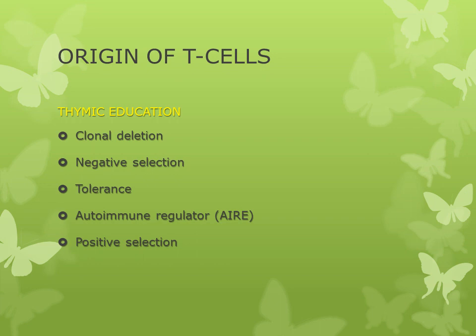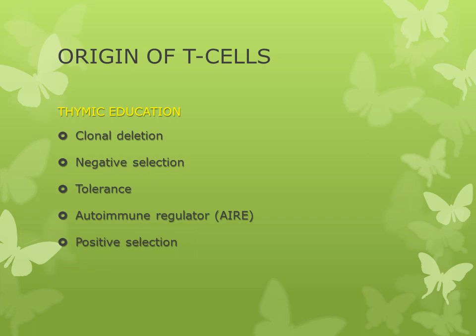If those CD4 positive and CD8 positive cells which have the receptors for self antigen are not killed and not removed by programmed cell death or apoptosis, these cells will ultimately result in immune responses against the self antigens, resulting in autoimmune diseases.